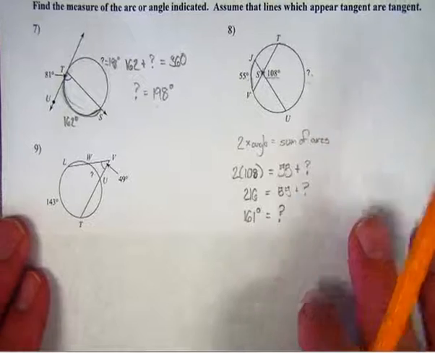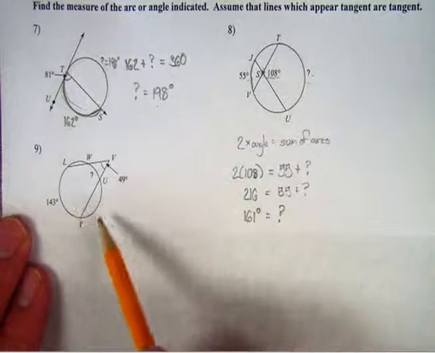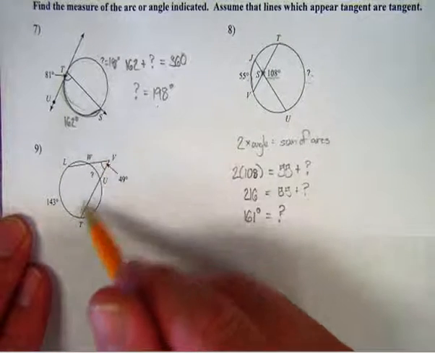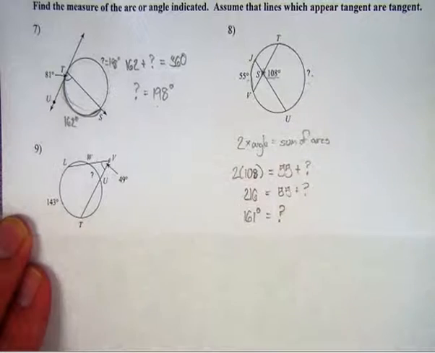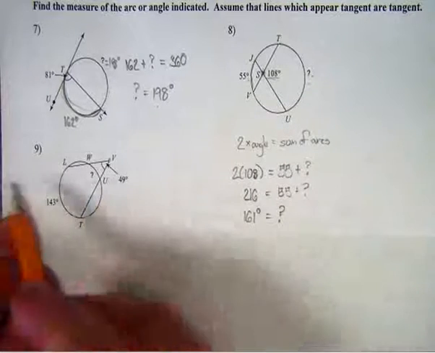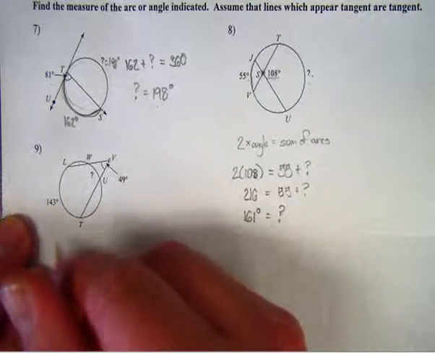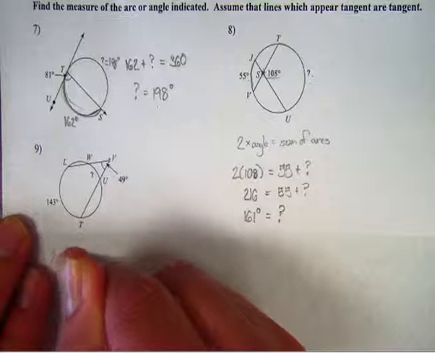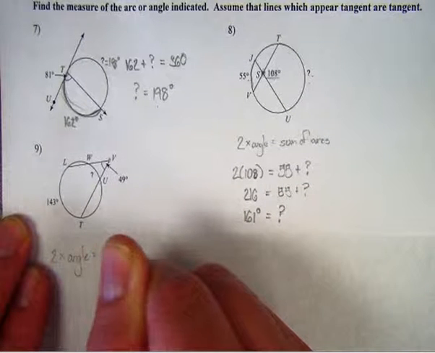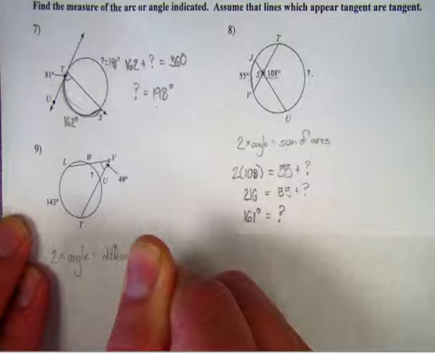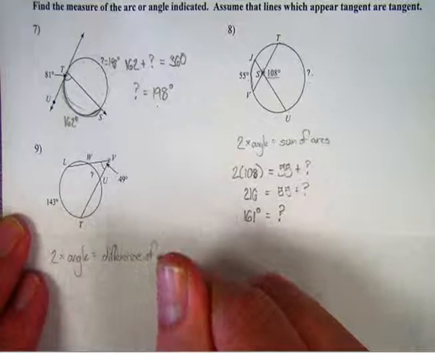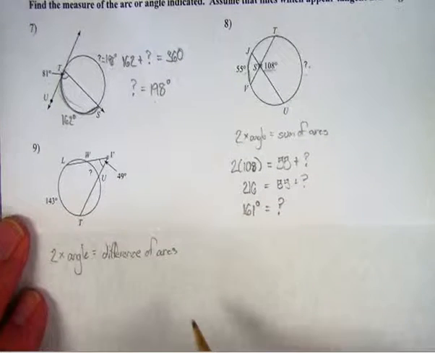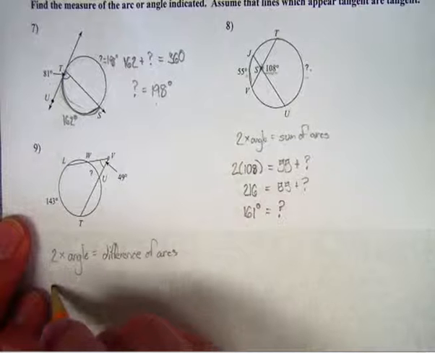All right, number 9 shows us our final situation that we haven't looked at yet. What if we have an angle whose vertex is on the exterior of the circle? When this happens, we can say that 2 times the angle is going to be equal to the difference of the arc measures. So when we set that up, we know our angle measure.